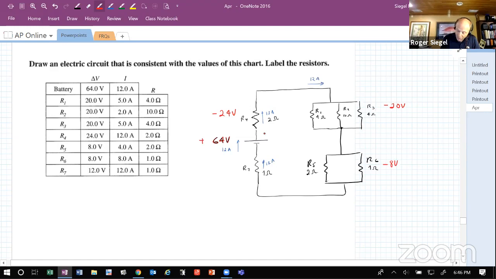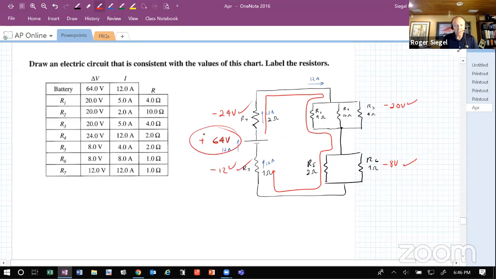So as I go around the loop, gain 64 minus 24 minus 20 minus 8. And now another voltage drop across R7 of 12 volts, minus 12. If you add that up, 24, 20 is 44, 52, and 64. That's the loop rule.